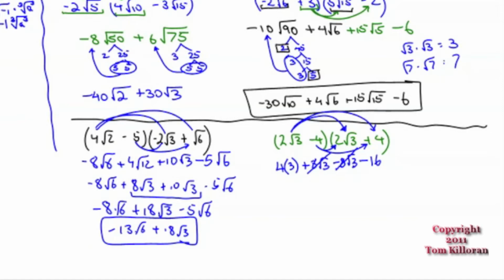What property? Which one? Additive inverse. So 4 times 3 is 12, minus the 16, of course, is negative 4. So after multiplying all these radicals together and coming up with some atrocious looking expressions, this one actually turns out to be nice.